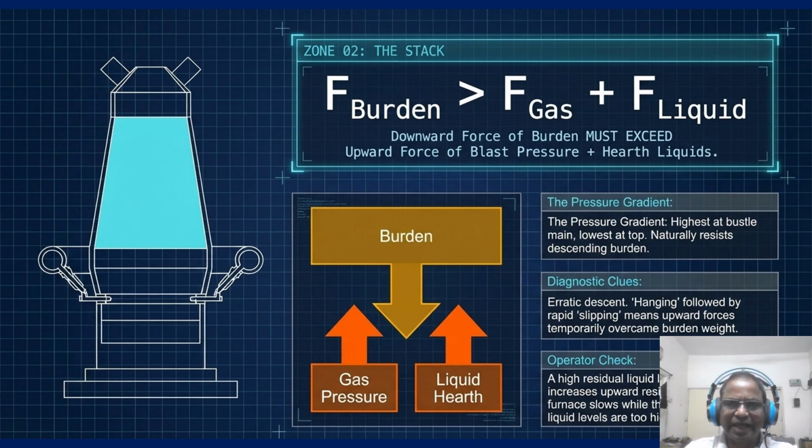If the furnace is hanging, check your liquid level. If the tap hole is closed and the hearth is full, that liquid creates massive upward resistance. Empty the hearth to relieve the pressure and get the burden moving again. And we have to catch hold of this at the right time, because if we take a longer time, the magnitude of the after effect will be higher and our losses will be higher.